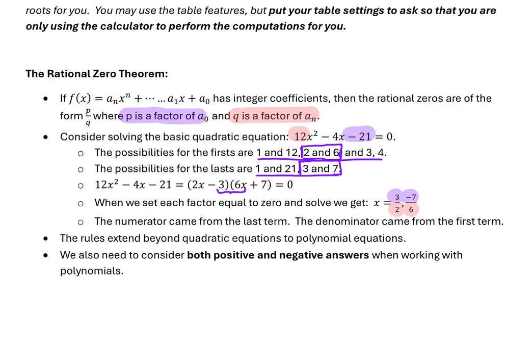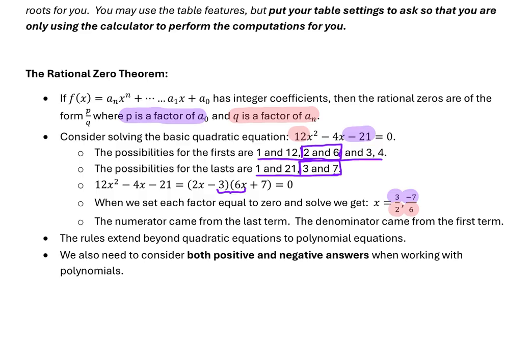So these same rules extend beyond quadratic equations. When we look at a bunch of factors, the leading terms of our factors are going to multiply to the leading term of the whole thing, and the constant terms in our factors are going to multiply to the constant term of the whole thing.